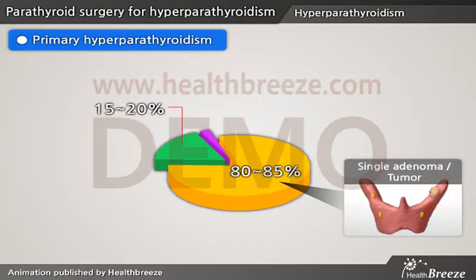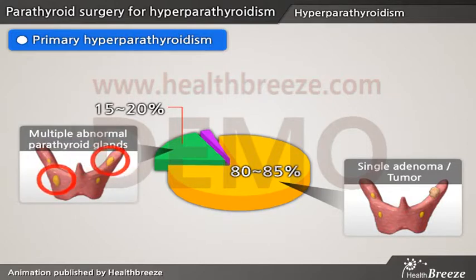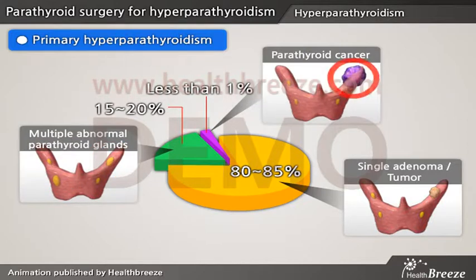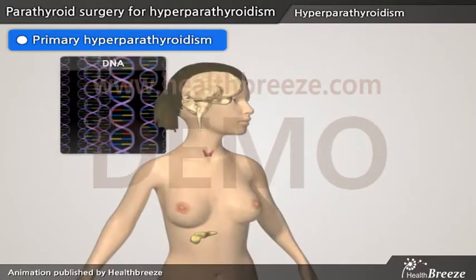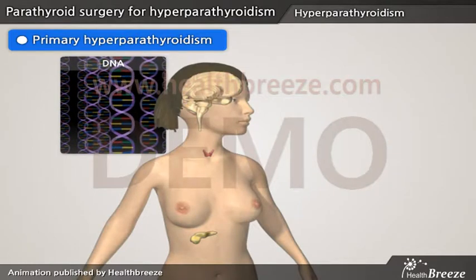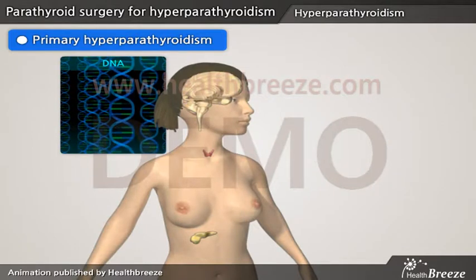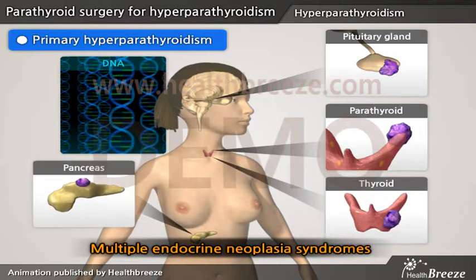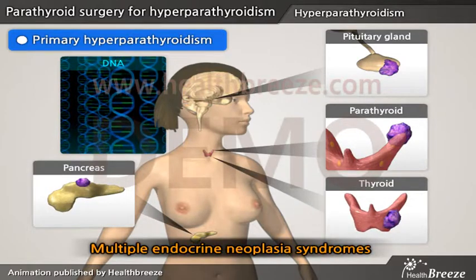The rest is caused by multiple abnormal parathyroid glands. Parathyroid cancer accounts for less than 1% of hyperparathyroidism. In rare cases, hyperparathyroidism may accompany genetic syndromes known as multiple endocrine neoplasia syndromes.